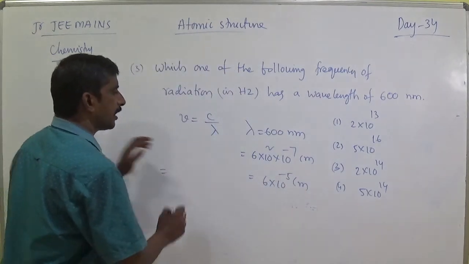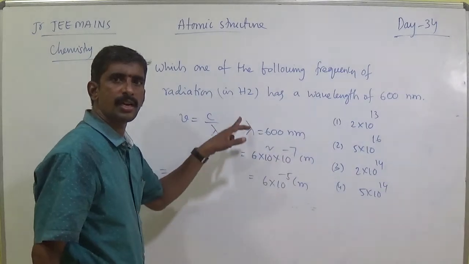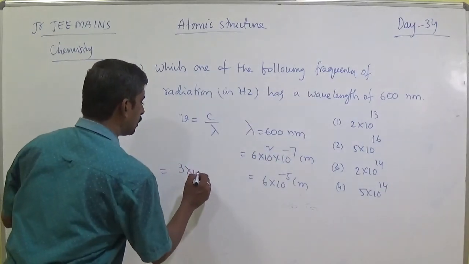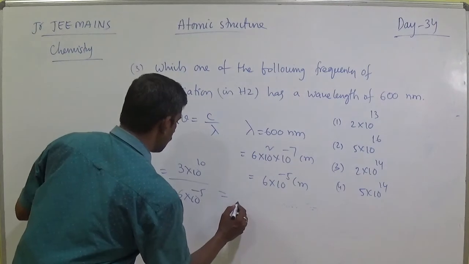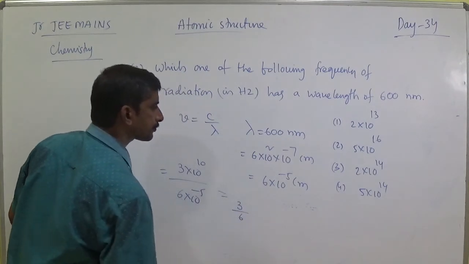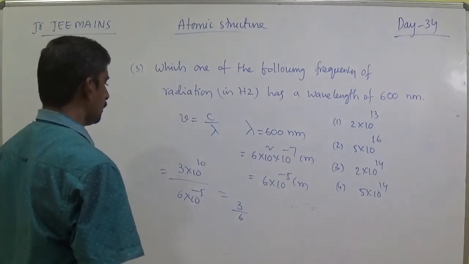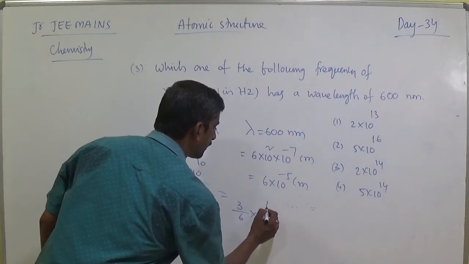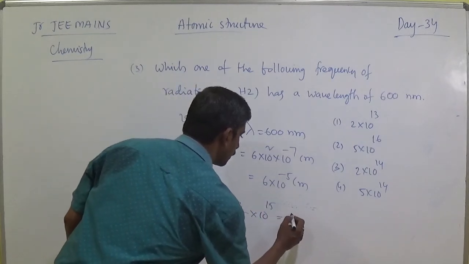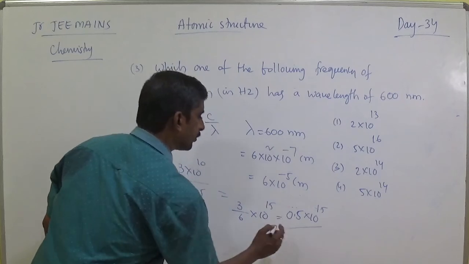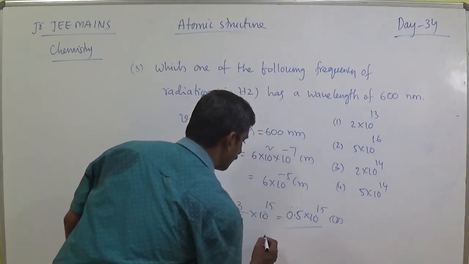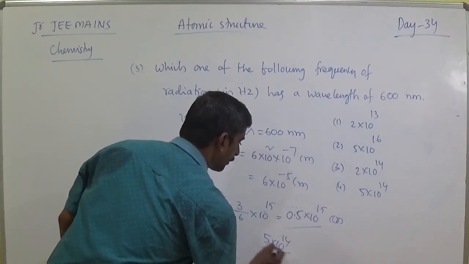The velocity of light I am taking in centimeters, so velocity of light also in centimeters. 3 into 10 to the power 10 by 6 into 10 to the power minus 5. 3 by 6 into 10 to the power 15. 3 by 6 means 0.5 into 10 to the power 15, or simply 5 into 10 to the power 14.